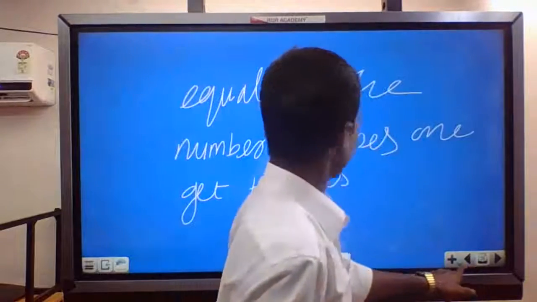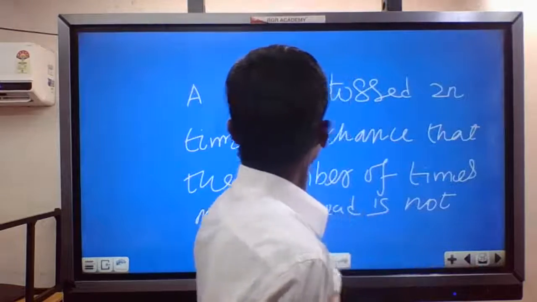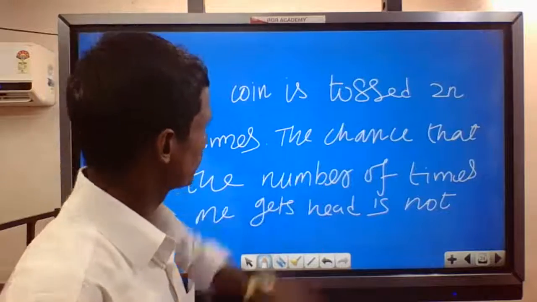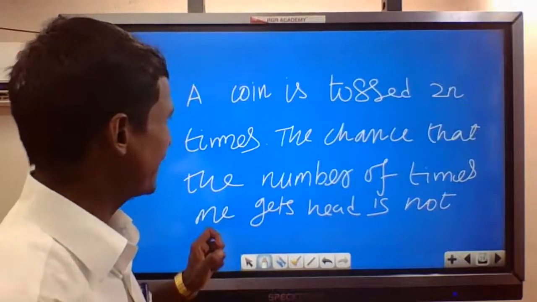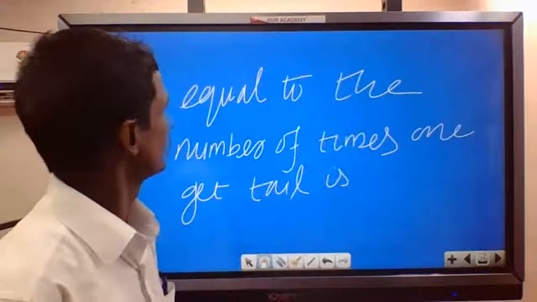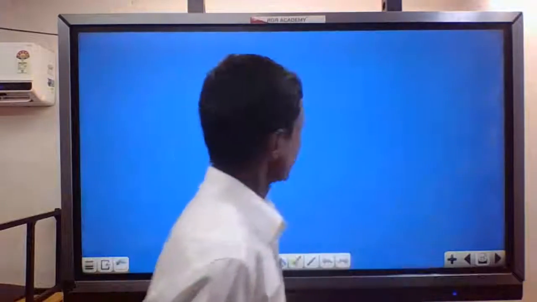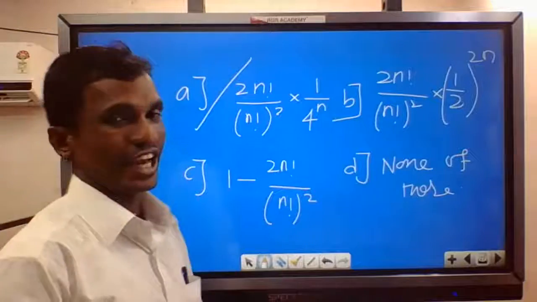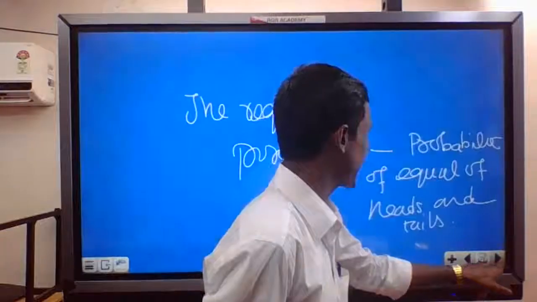So once again, I read this problem. A coin is tossed 2n times. The chance that the number of times heads is not equal to the number of times tails. So 2n factorial divided by n factorial whole square into 1 divided by 4 power n is the correct answer.